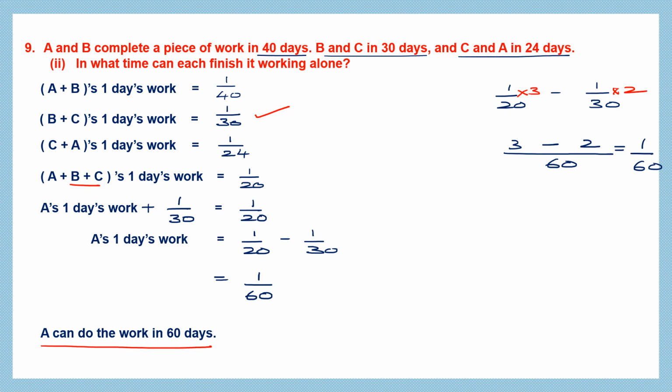Now let's find out about B and C. Now to find B's one day's work, first we need to write down A plus B plus C's one day's work, which we found out to be 1 by 20. Then B's one day's work, we are taking only B here. That means we can add A plus C's one day's work. And how much is A plus C's one day's work?